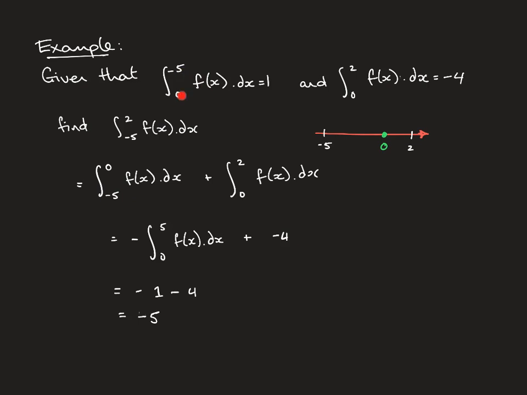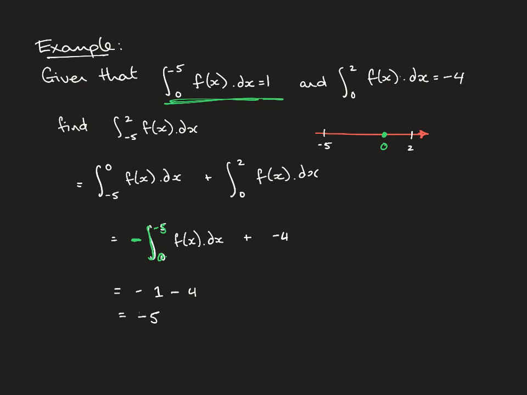And we know that with 0 at the bottom and minus 5 at the top, it's a 1. And so we can rewrite it as the negative version of what we've got. So if we put a minus sign out the front here, we can have this as the integral from 0 to minus 5, like we've got up the top, and then we can replace that integral with the number 1.